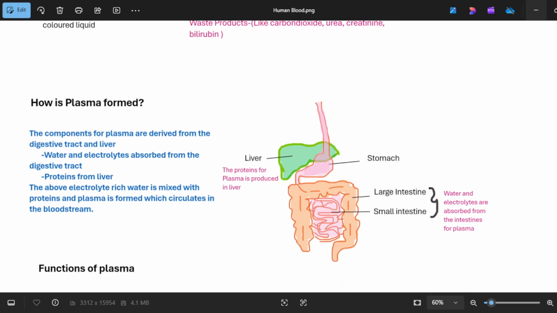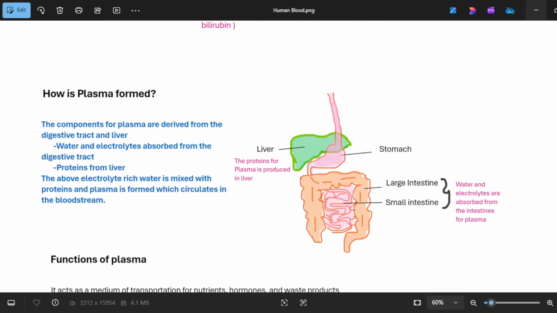Now we will see how plasma is formed. So if you see, plasma is formed from two important parts of our body. One is your liver, and the other one is your digestive tract, mainly the intestines.